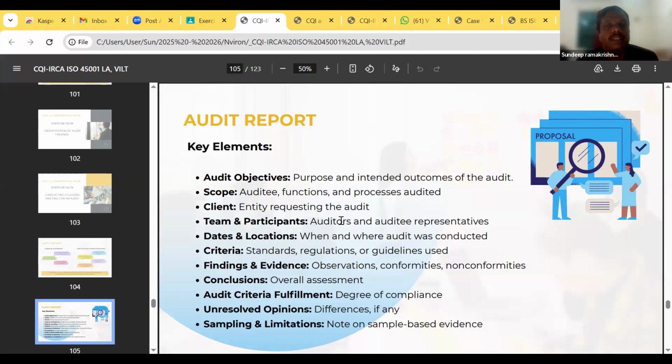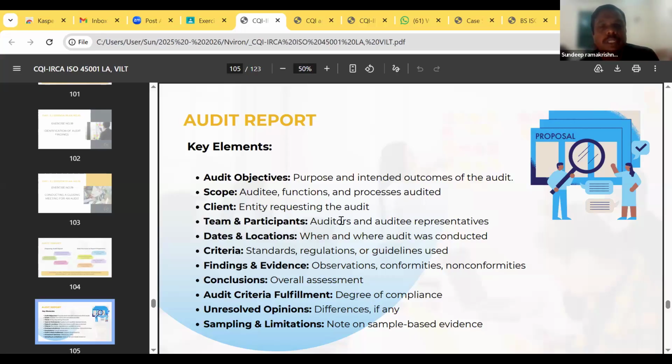What is the criteria: the standards, regulations, and guidelines used. In our case, the criteria are the requirements of the 45001:2018 standard to certify Supertech Castings Company. You can also use the documented information system of the company, the manual and procedures, as your criteria. Then the findings with evidence.